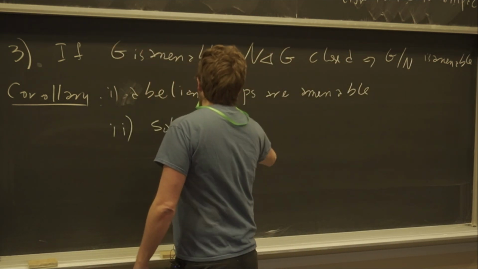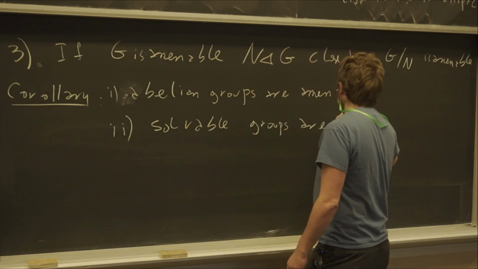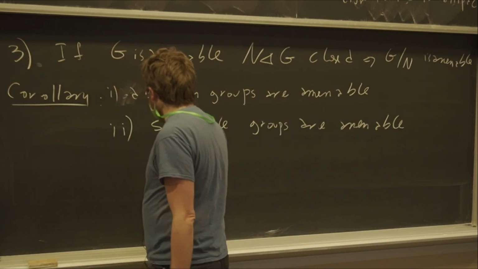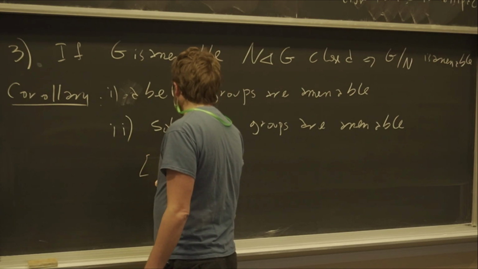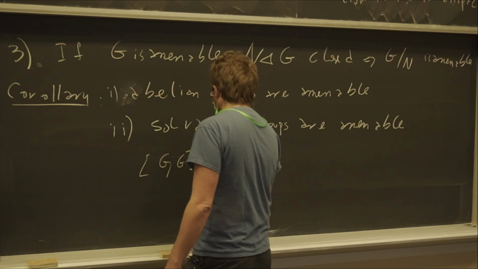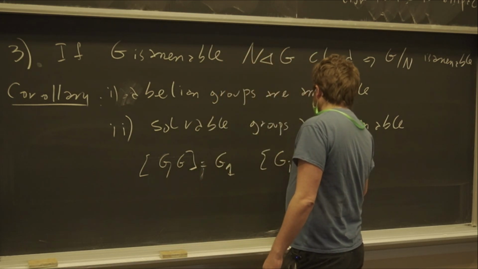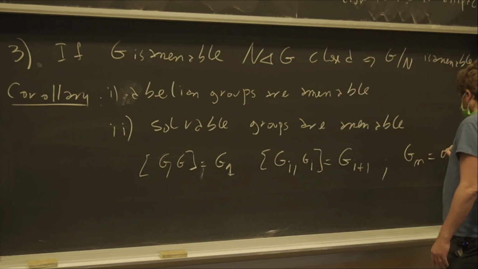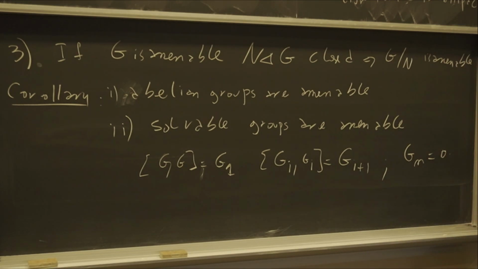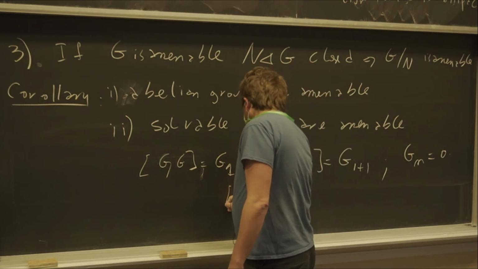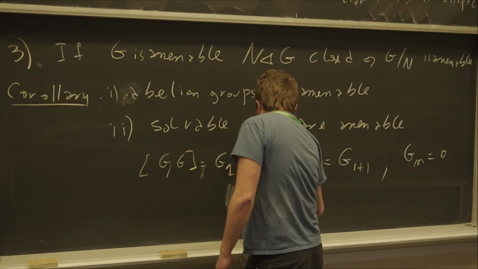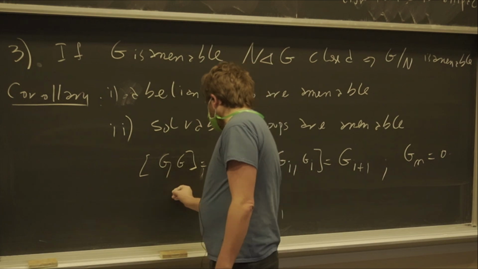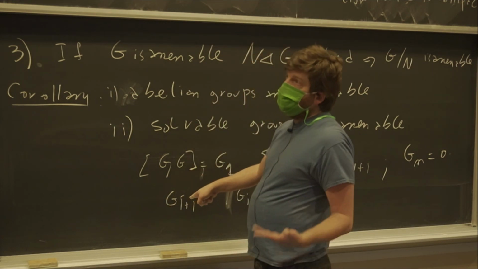And solvable groups are amenable. The reason is that a solvable group, by the definition of solvable, has a sequence G_i, and at each step G_i quotient by G_{i+1} is abelian, hence amenable, and G_{i+1} is amenable by induction.